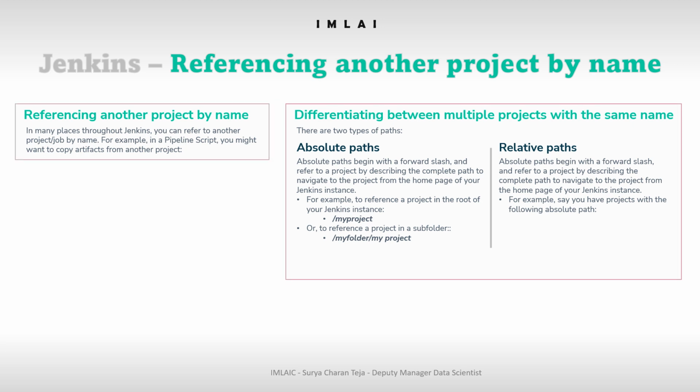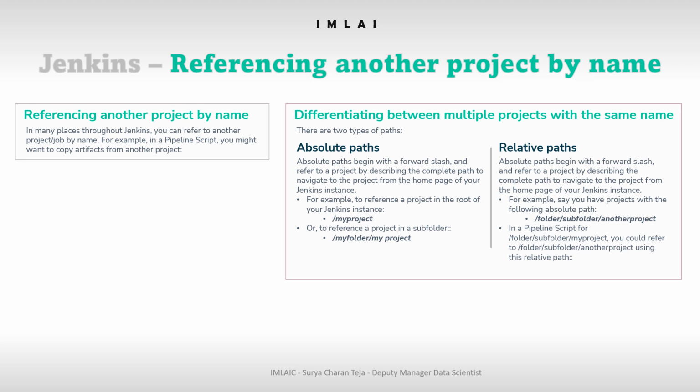For example, say you have projects with the following absolute paths. So this is using the absolute path /folder/subfolder/another-project. Then in a pipeline script, you can actually use a relative path. In a pipeline script for the project /folder/subfolder/my-project, you could refer to /folder/subfolder/another-project using the relative path, simply saying another-project.